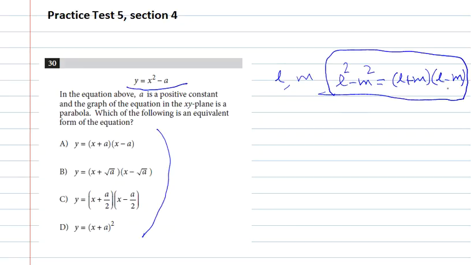If you multiply this, you can see that this is what you get. So this is almost in that form, x square minus a, but it's not exactly.